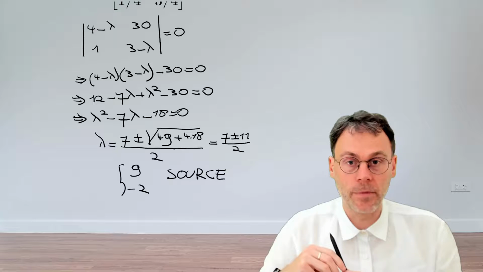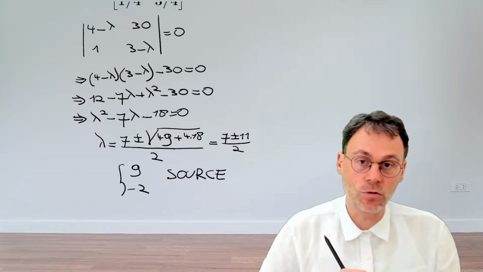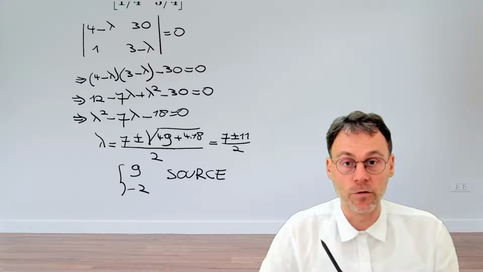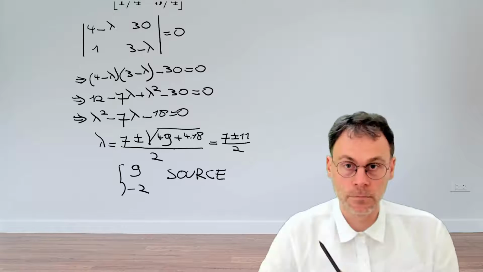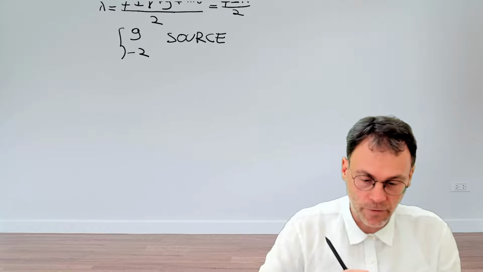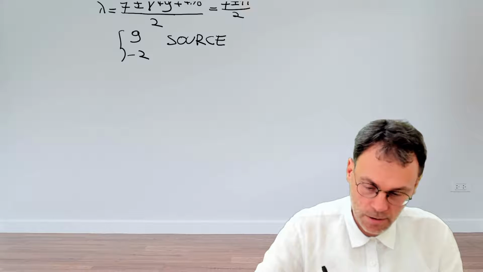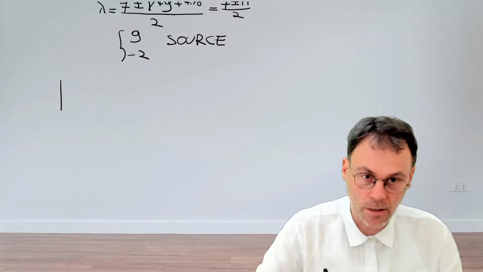Good. In case you haven't done so, pause the video to do exactly the same thing, but now for the second example. So a slightly different matrix this time, but otherwise it's exactly the same thing going on.